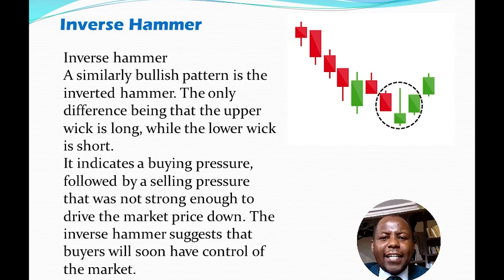Now, I need to interject here and speak to somebody who is getting a bit fatigued with these candles, and you're wondering, am I going to learn all these candles? No. You need to have an overview of the candles, and then there are those particular candles that you will spot at a particular point. You don't have to look at all the candles on your graph, but at particular points, you will look at what was happening here, and the candle will shed some light.